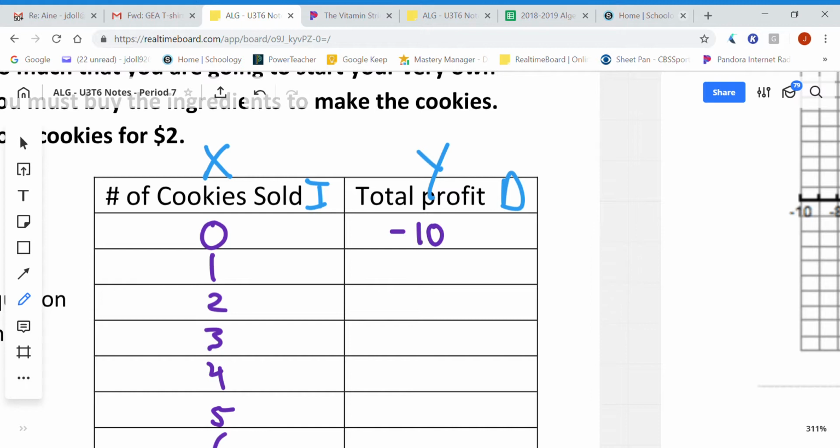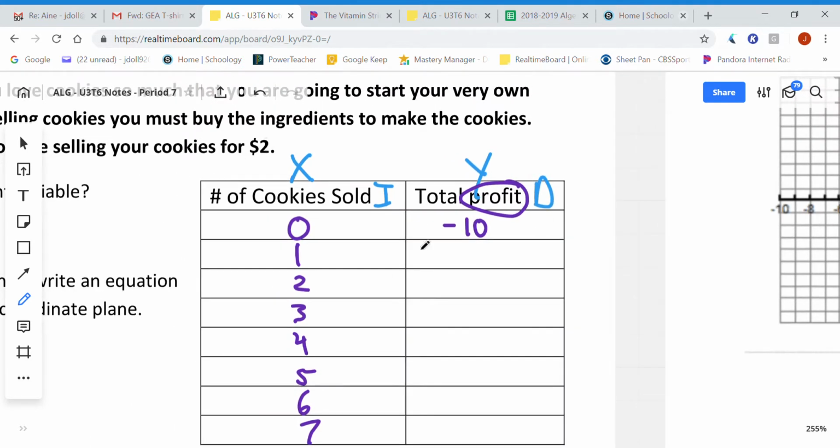This is an example of a situation where you can have a negative y coordinate, because of that $10 that it cost us. Profit includes not only money you've made, but also money you've spent. So when we use this word here, profit, we can have negative amounts. Now, each cookie I sell, I make $2 per cookie. So if I sell 1 cookie, I have now increased to negative $8 in profit.